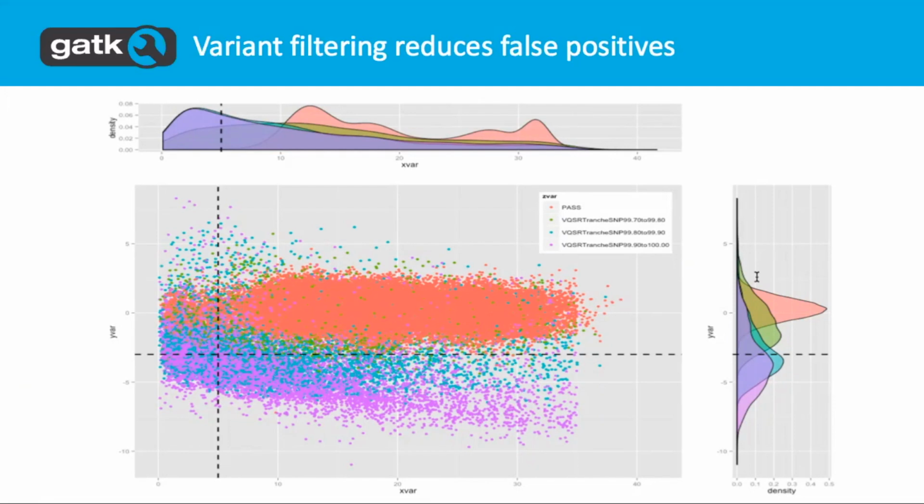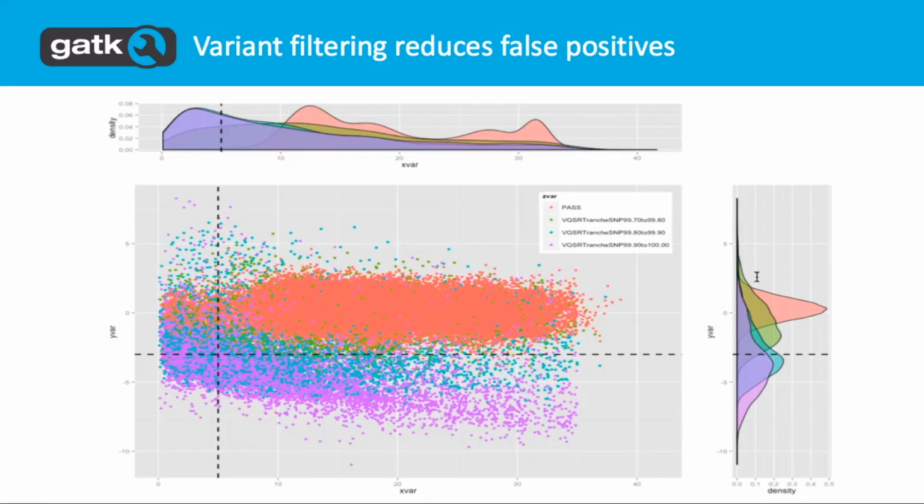Another advantage of having multiple samples is that you can do variant filtration. So if you have a lot of data, you can see what kind of attributes of your variants will correlate with bad calls, and you can have machine learning models that will filter out bad variants. They will determine which variants are bad and which variants are good.